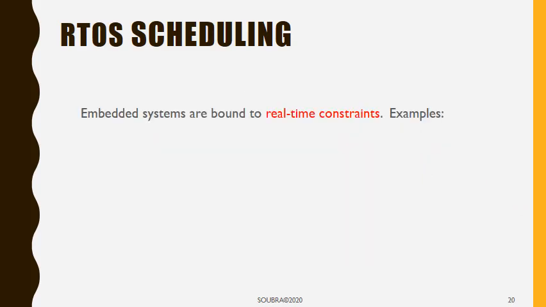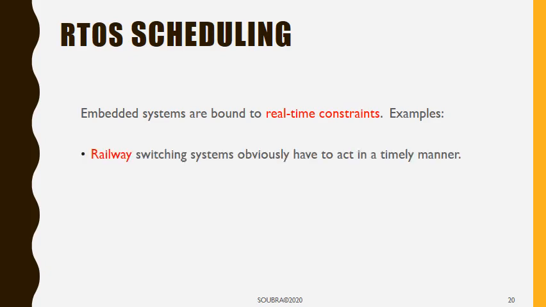Alright, so the picture that you need to keep in mind is real-time constraints. Railway example, the switching system. This is a recurrent problem that we have in France: every single year there are problems with the trains because of the railway system.